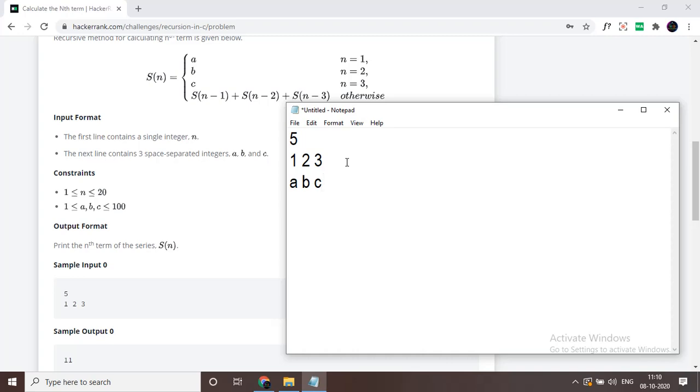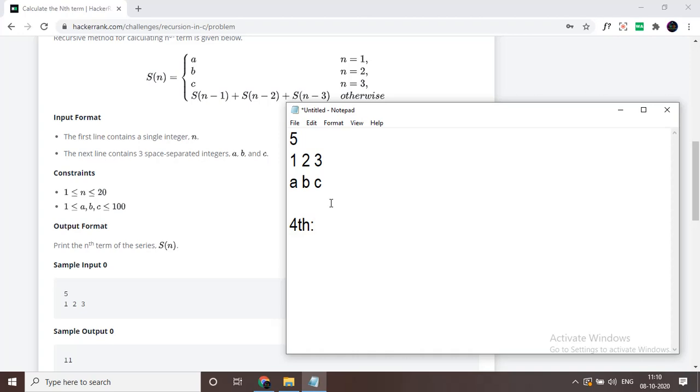We have to find how we are going to find the fourth term here. The first three terms are 1 2 3, and what is the next term? I am going to find the fourth term first, and then only I am going to find the fifth term.